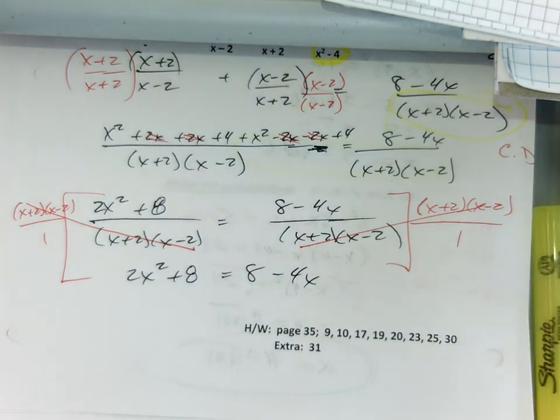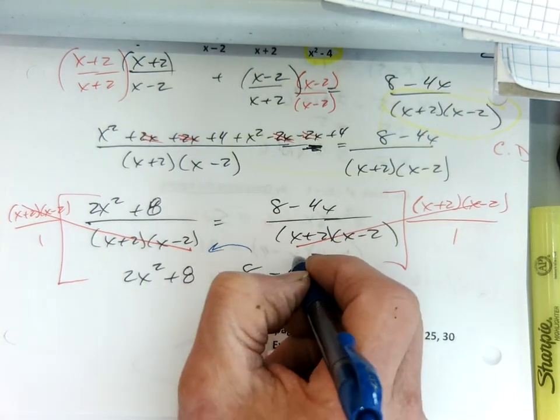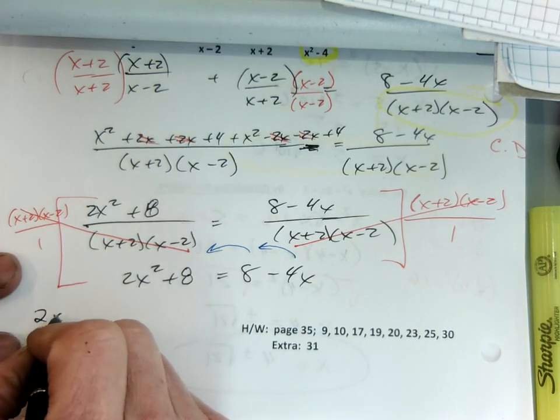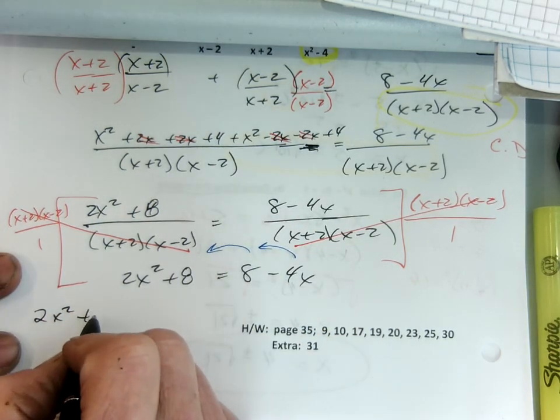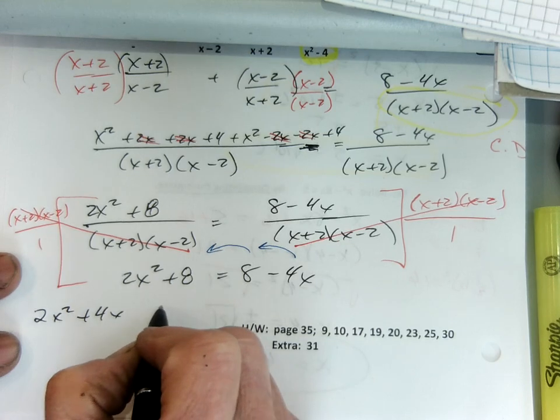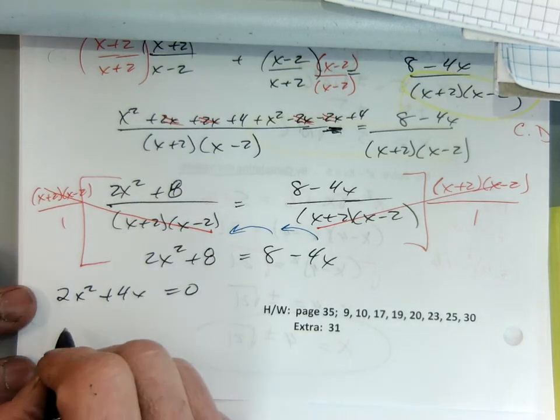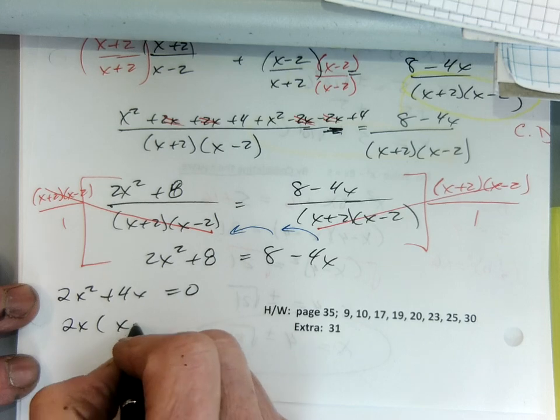So I'm going to bring everything over and probably factor. I'll have a 2x squared plus 4x equals 0, right? Common factor, remember common factor? Common factor out of 2x, x plus 2.